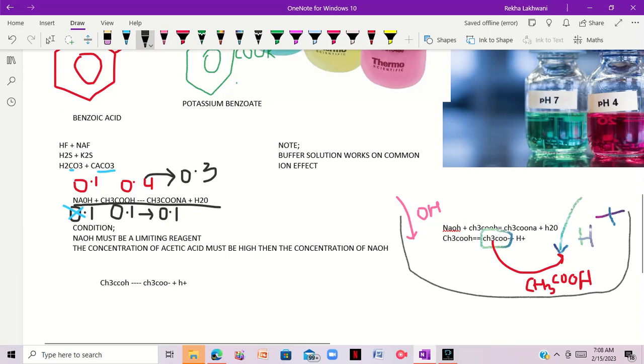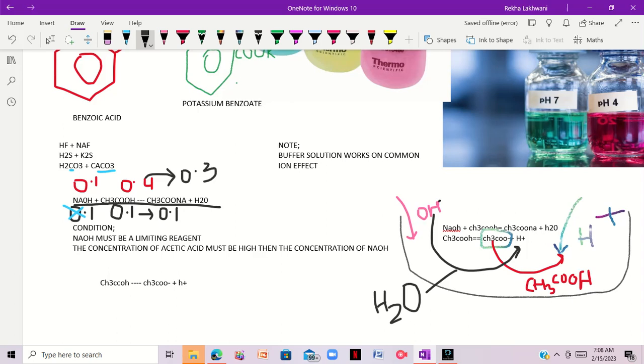This OH negative will combine with H and they will form what? Water. They will form water, right? So this fresh water will again react with acetic acid and again the acetic acid will be dissociated. So this is how it is happening.